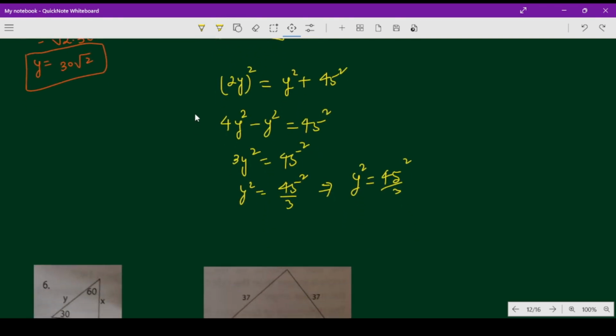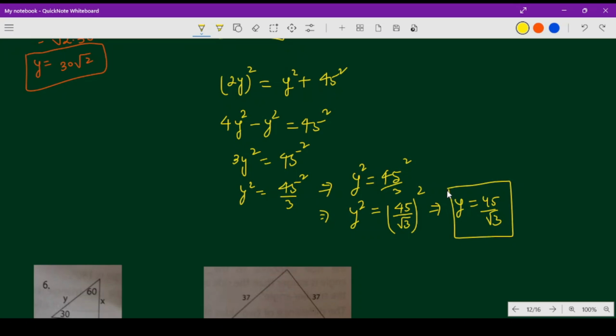If we take the square to this side, we can write this as 45 by root 3 whole square is equal to y square. Now the powers are same, means they should also be same. So y is equal to 45 by root 3.